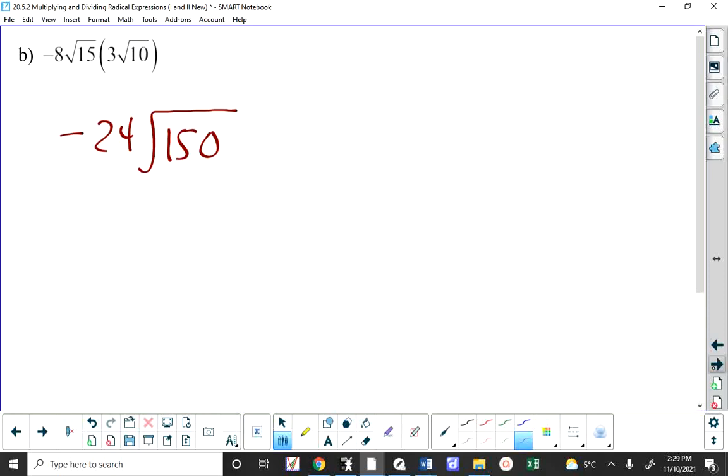By the way, I'm just going to point something out to you that might be helpful for some of you. I know that it can be simplified because if you look up here, please, for a second, 15 has a factor of 5, and so does 10 have a factor of 5. So when we put them together, there's going to be a pair of 5s in there. If you want, you can write this as root 25 root 6.